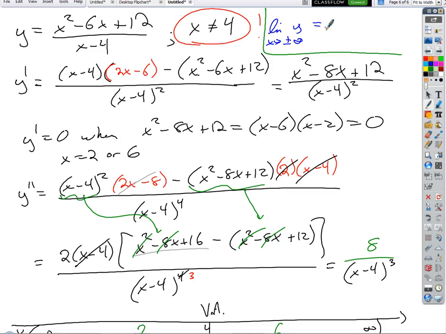So here's our leading terms, right? So what's it gonna do? When x is positive, it's positive. When x is negative, it's negative, right? I'd get positive over negative, because you just plug in the signs there, right?